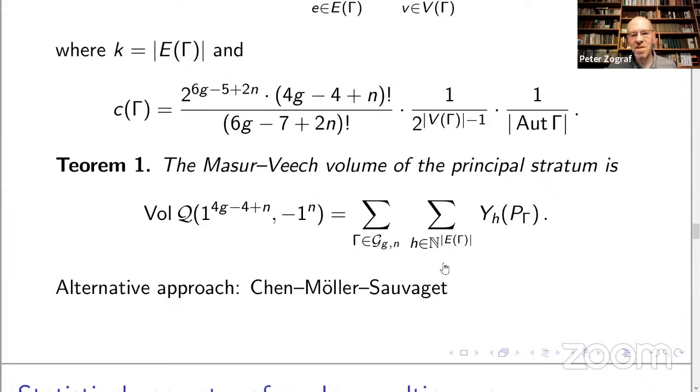What is interesting is that both formulas give the same values for the volumes, but at least I don't know of any direct proof that these two formulas are the same.